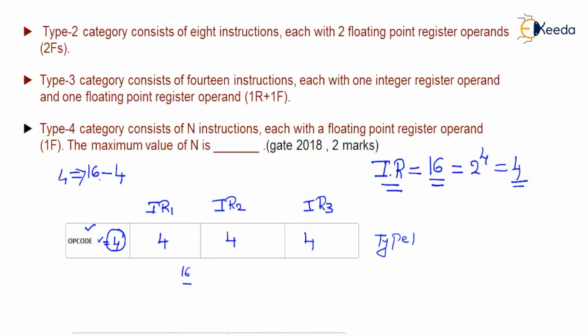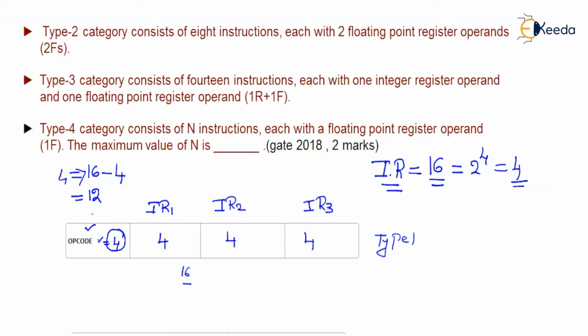So a total of 16 combinations are available in the opcode, from 0000 to 1111. But I require only 4 combinations to encode all the opcodes in type 1 instructions, which leaves us 12 unused combinations in the first 4 digits after designing type 1 instructions.